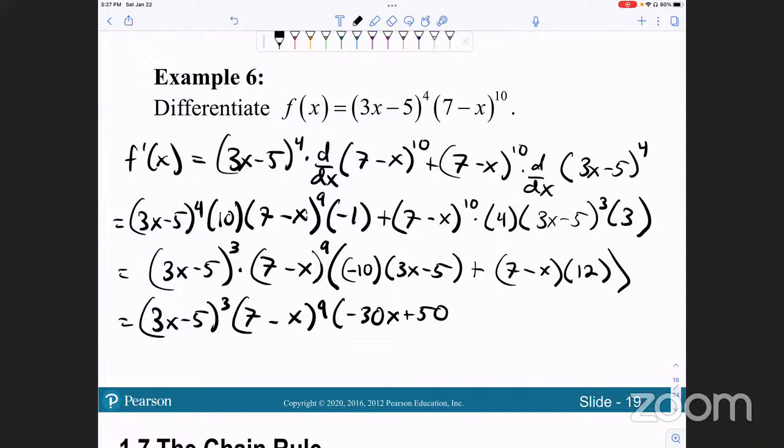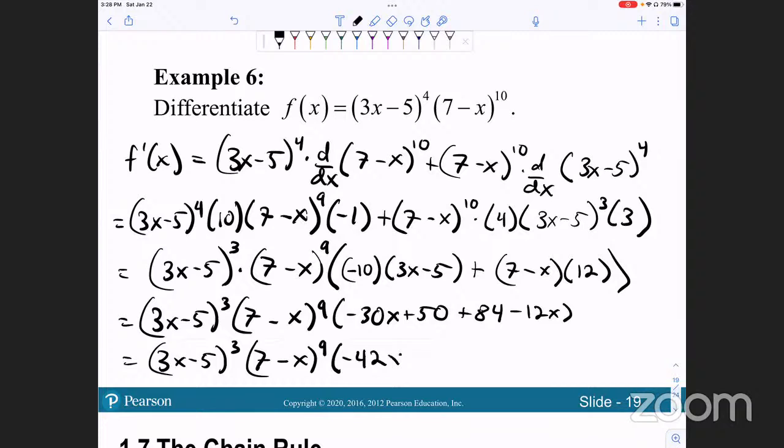14 is 84. Might be it. 3x minus 5 cubed, minus x to the power of 9, minus 12 is negative 42. 13, so 134.